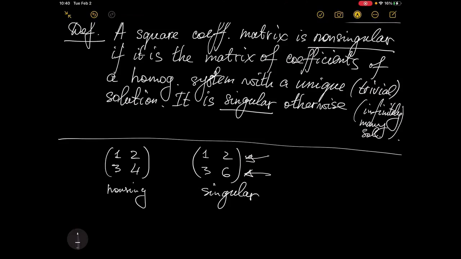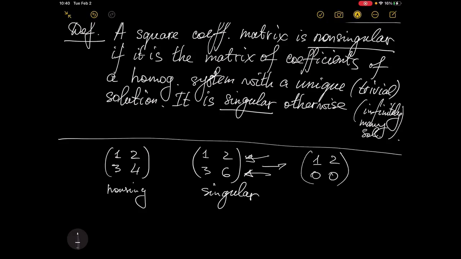You would get 0. Yes, exactly. It means that the rows are proportional to each other, so I have at least one free variable. It means that my homogeneous system has infinitely many solutions.